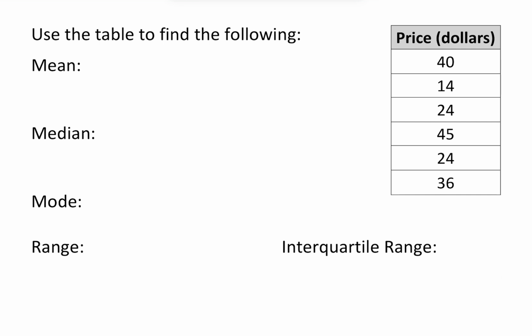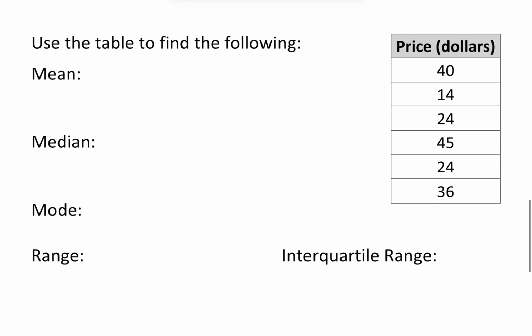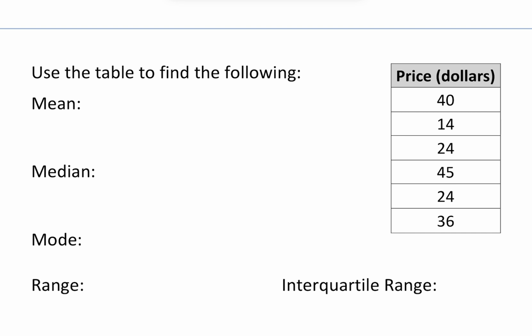So it says use the table to find the following. So we have different prices and some numbers, and we want to find the mean, median, mode, range, and interquartile range of these numbers. So the first thing I told you that we have to do is put them in order. So looking, my smallest number is 14, so I'm going to write that up here so it's out of our way.